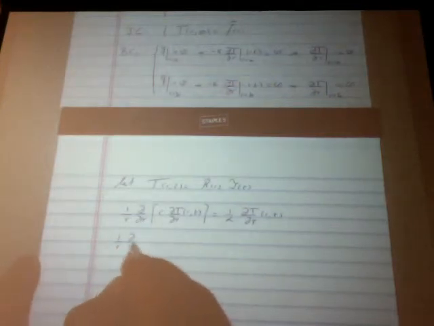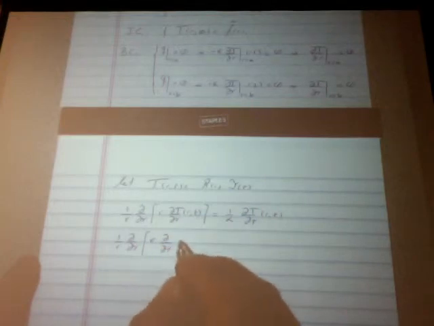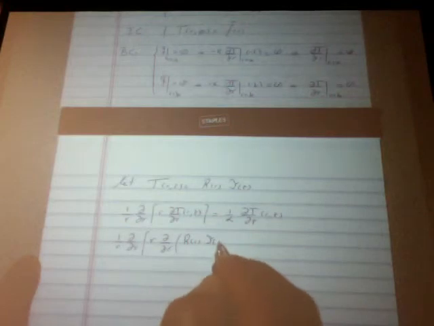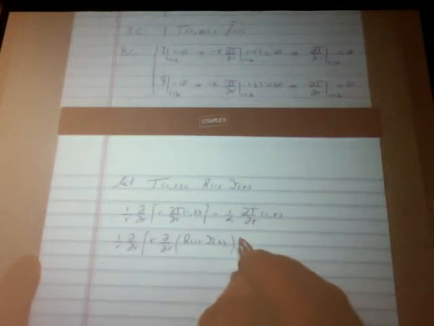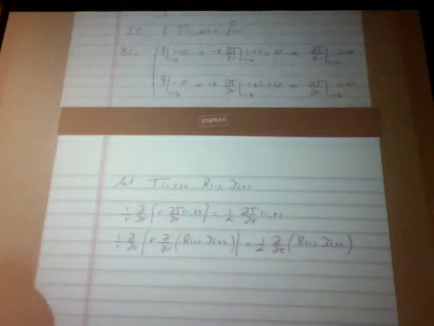We'll do this again step by step. 1 over r d/dr of r d/dr of R of r tau of t is equal to 1 over alpha d/dt of R of r tau of t.